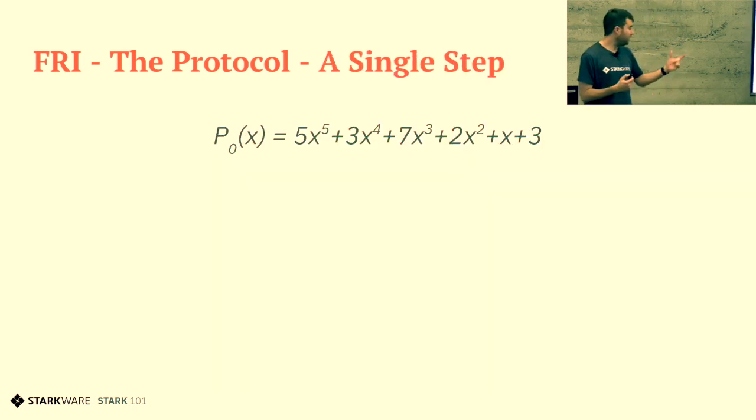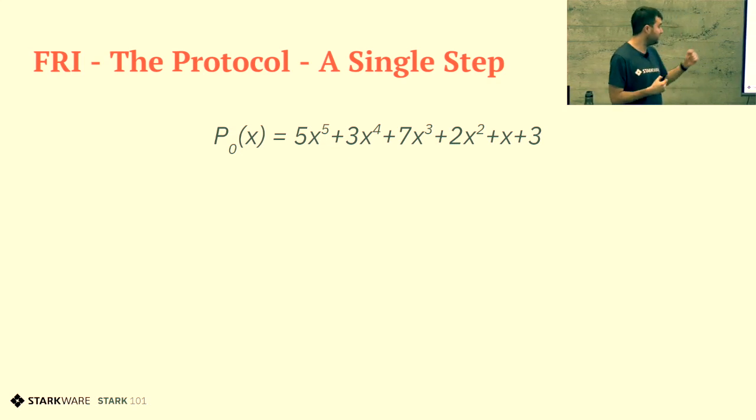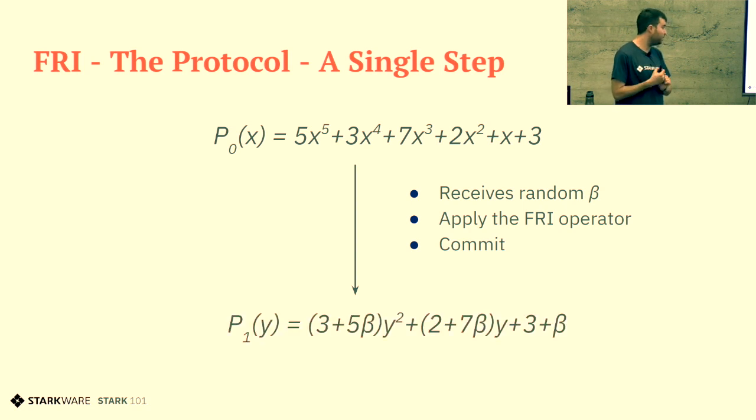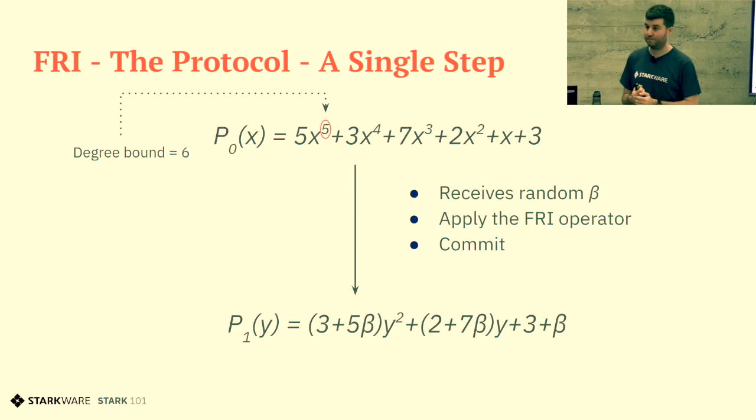If we take a closer look at a single step, we started with p0 of x, which is this function. We received the random beta, applied the FRI operator, and then we got a new function, which is p1. If we look closer, we can see that we started with a degree bound of 6, because each power in the upper function is less than 6.